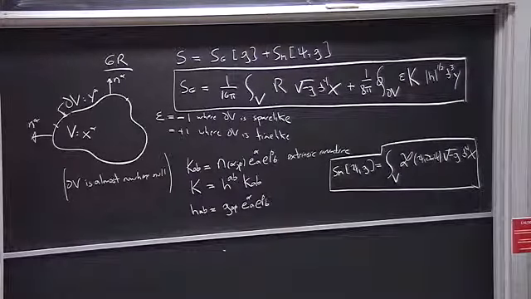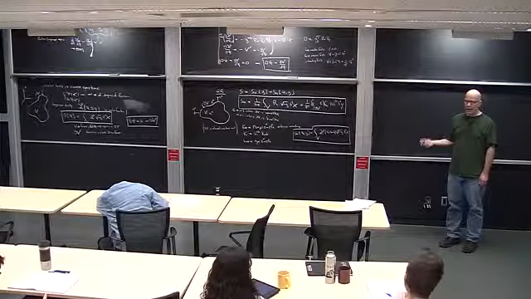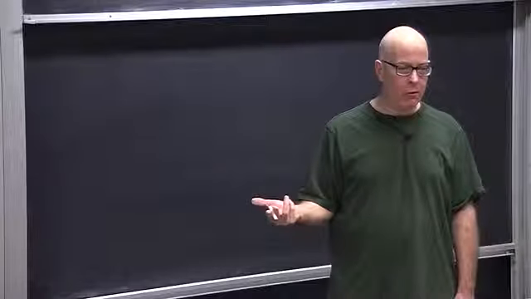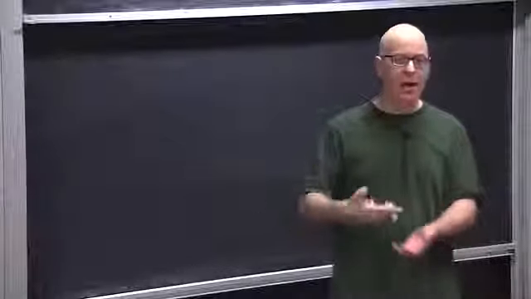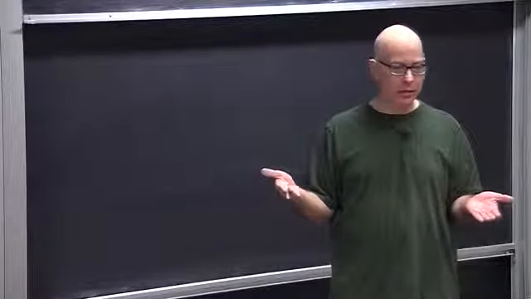I think to have a well-defined action principle for GR, you cannot ignore the boundary term. And if you do anything like semi-classical calculations involving gravity, for example, tunneling processes, anything like this, the classical action is very important.